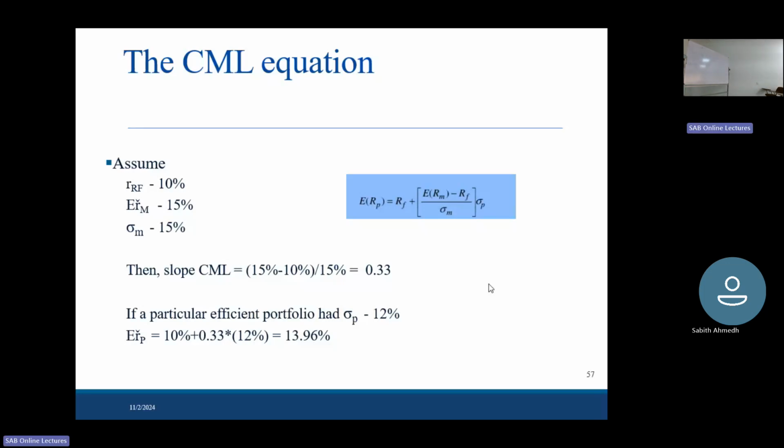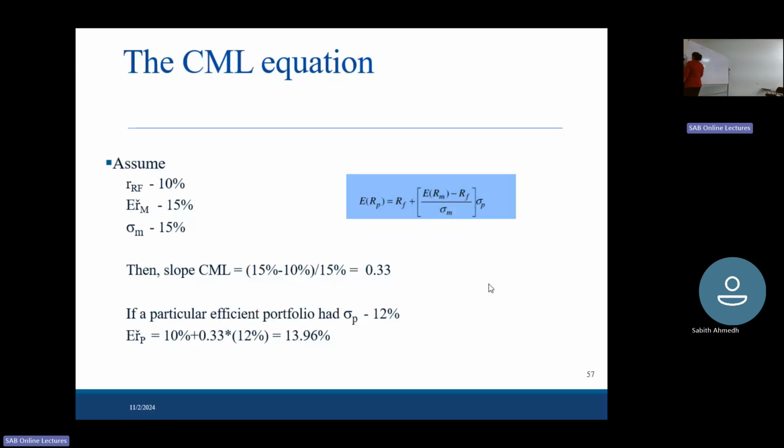Now you can estimate the slope. Slope means the return provided per unit of systematic risk in the market. Based on the capital market line, slope is equal to the market expected return 15% minus risk-free rate 10%, divided by the standard deviation of the market.